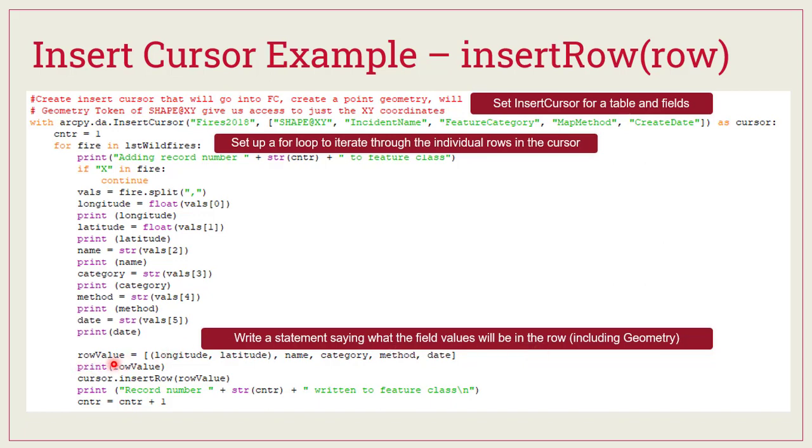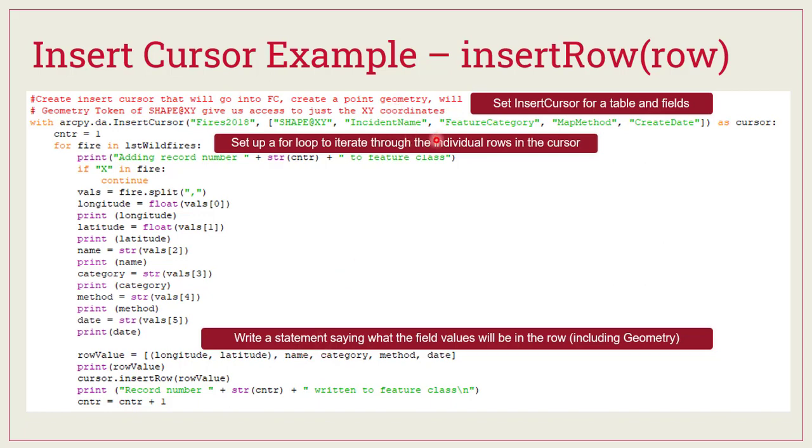So here we're setting up our row value variable to be a tuple of our geometry token. So we've opened up shape at XY, which means that the insert cursor is expecting an X and Y coordinate value. So we've stored those numbers inside of variables called longitude and latitude.